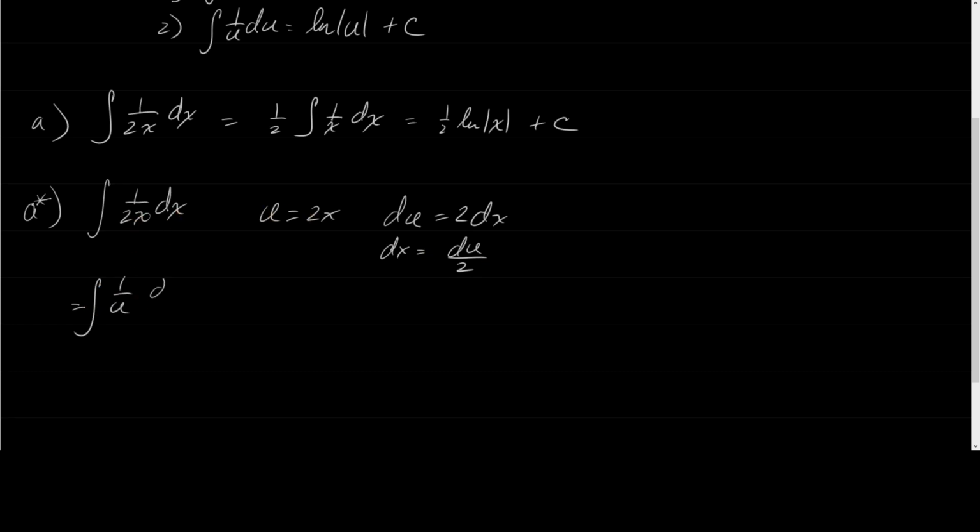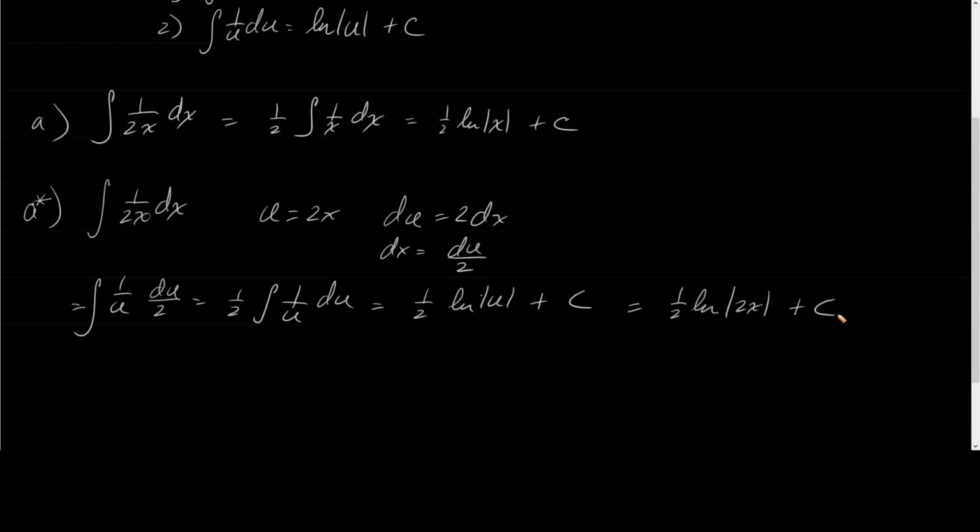And instead of dx, we've got du over 2. So we get here, I'll write it as 1/2 integral of 1 over u du. And at this point, well, what does this become? This becomes 1/2 times ln of absolute value of u plus c. And we know the problem wasn't about u, so we say this is 1/2 ln of the absolute value of 2x plus c. But look at that.